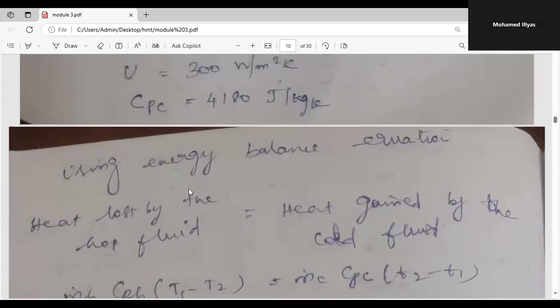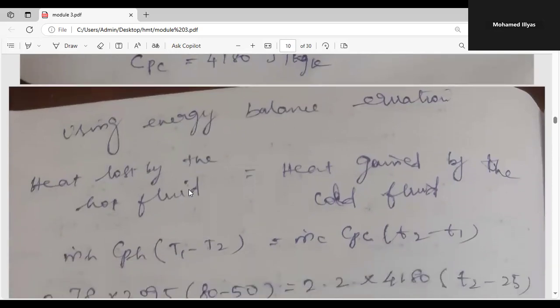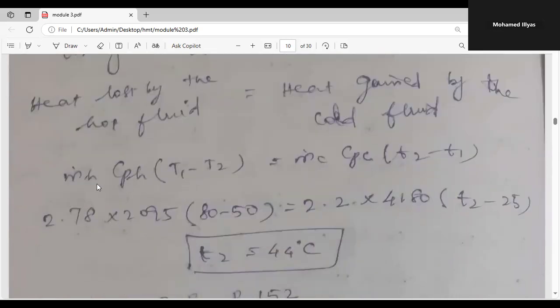For this, let us first consider the energy balance equation: heat loss by the hot fluid equals heat gain by the cold fluid. Writing this expression for the hot fluid as well as the cold fluid here, we know all the parameters except small t2.